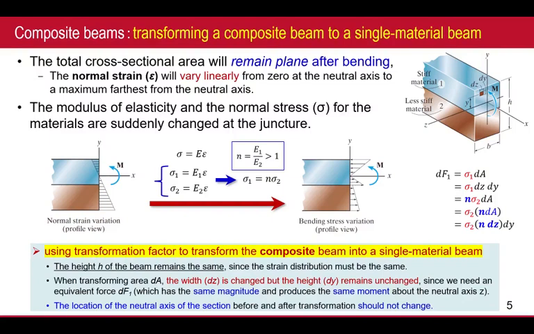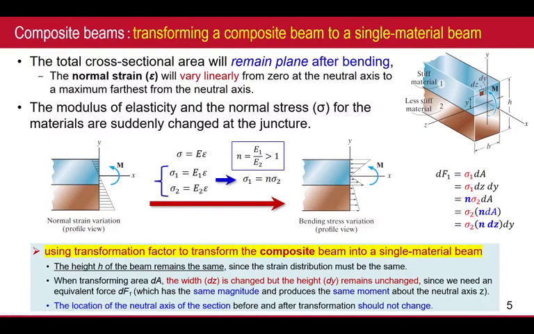Because sigma is equal to negative M y over I. So we can only change the width. The width will be changed just by a factor of n. Okay, don't worry too much, I will let you know how to understand this later on.